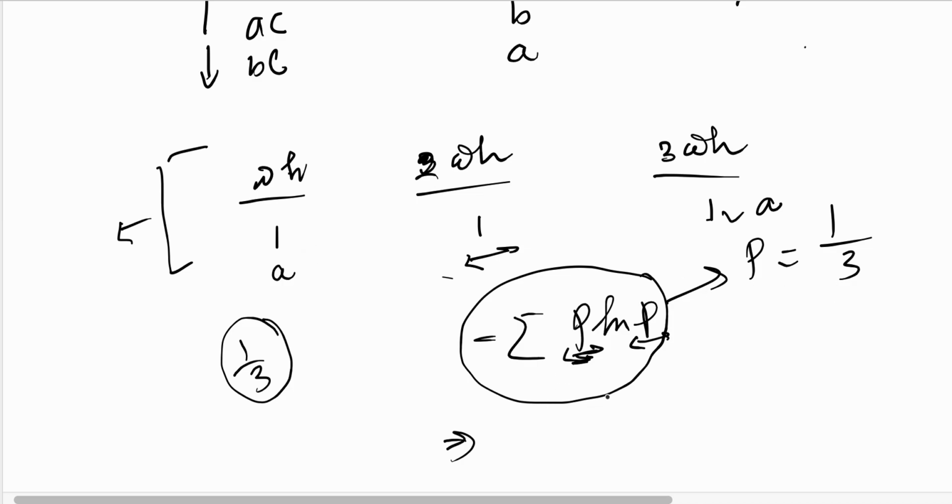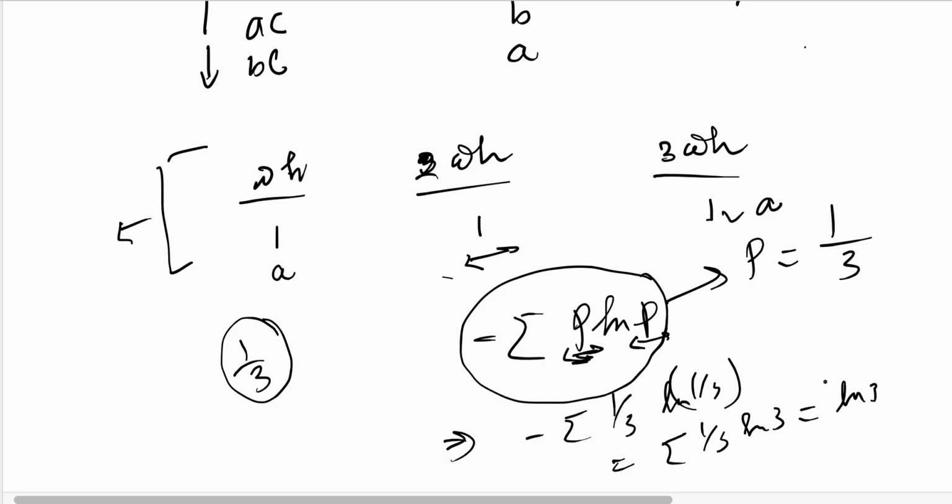If you calculate it here, it will be minus the summation of 1/3 ln 1/3, which gives 1/3 ln 3, the minus cancelled, and every term is the same, so the total is ln 3. So this will be the maximum entropy.